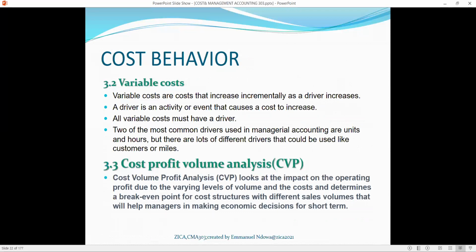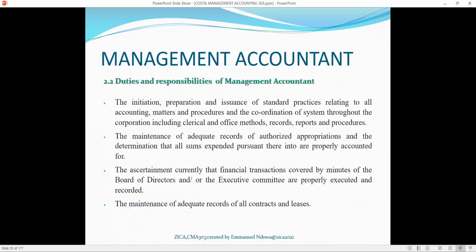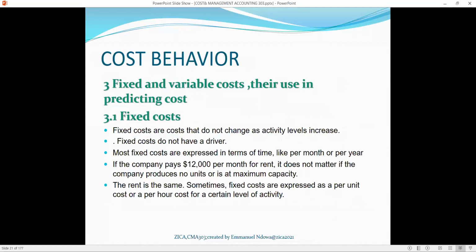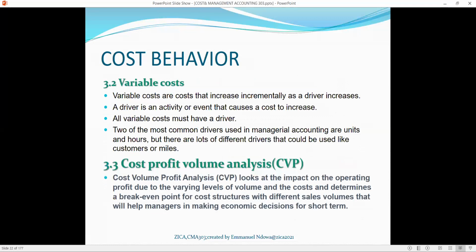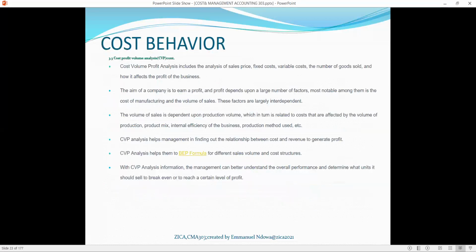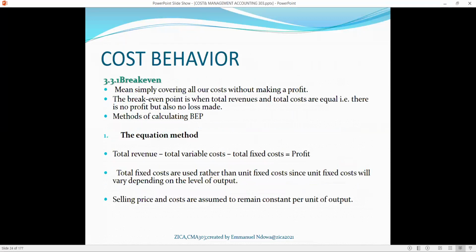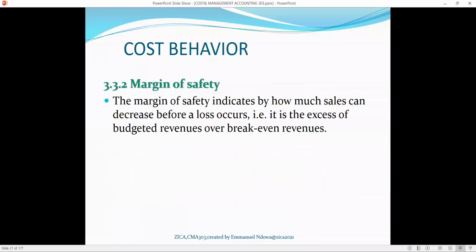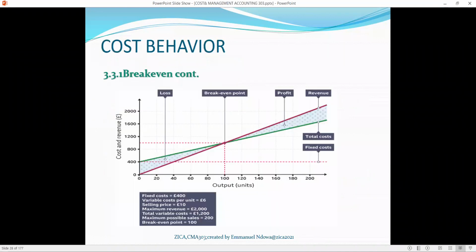We are going to touch on fixed and variable costs and their use in predicting costs, and then cost volume profit analysis, and see how it is used in business. We will look at its limitations and how you can come up with the break-even formula using cost volume profit analysis, and then how to calculate the margin of safety. That's what we are going to learn today.